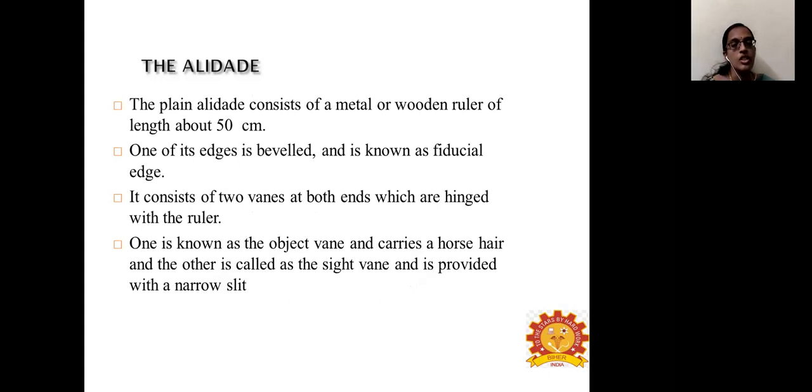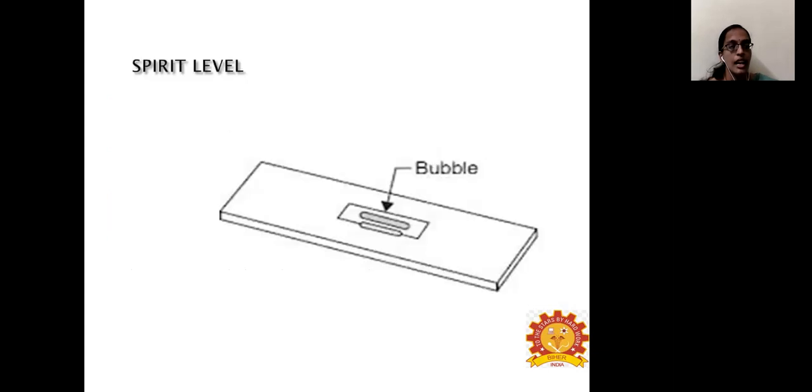It consists of a metal or wooden ruler of length 50 centimeters, and one of the edges is beveled, which is known as the fiducial edge, and two vanes at both ends are hinged with the ruler. One is known as the object vane and carries a horse hair, and the other is called the sight vane, which is provided with a narrow slit.